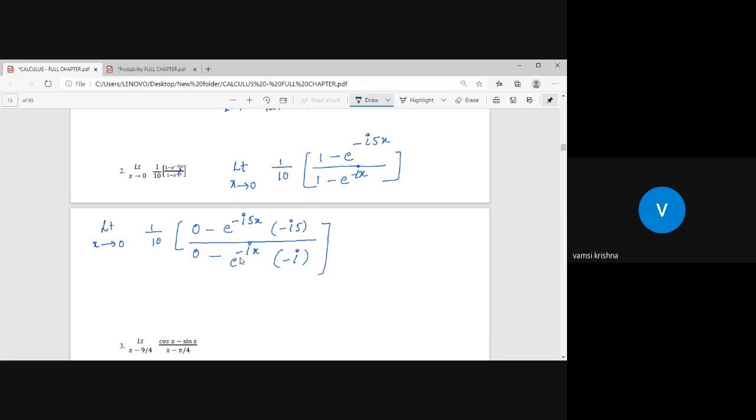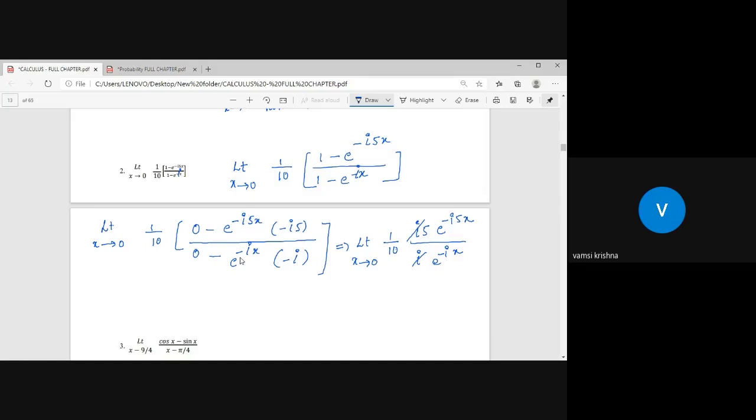So which is equal to limit x tends to 0, 1 by 10 into, I think this minus minus total is going to be cancelled. Numerator I have i into 5 into e power minus 5ix divided by i into e power minus ix. So this i is also going to be cancelled.